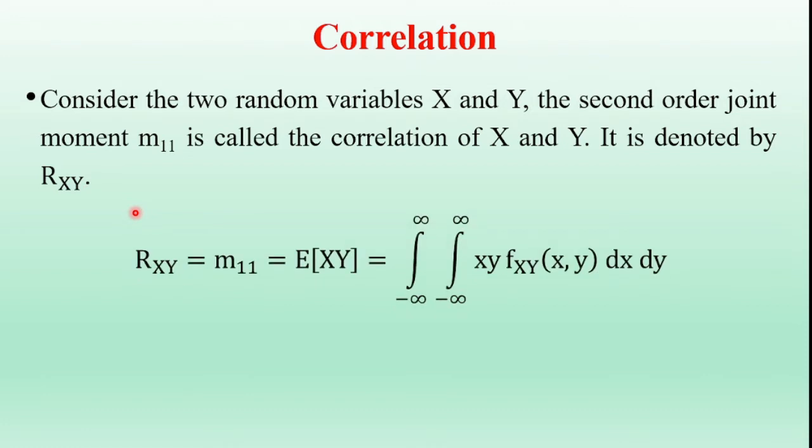Mathematically, R suffix XY is equal to M11 is equal to expectation of XY, which is equal to the double integral from minus infinity to infinity of xy into fXY of x comma y dx dy. So the correlation between two random variables is denoted symbolically by R suffix XY or M suffix 11 or expectation of XY. This is the mathematical definition of the correlation between two random variables X and Y.